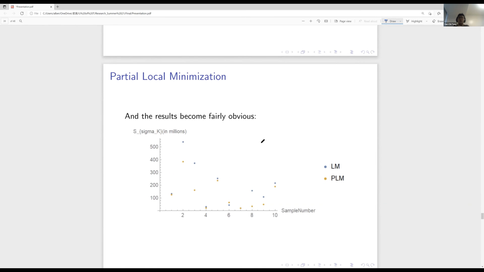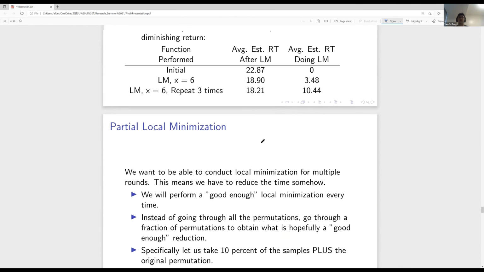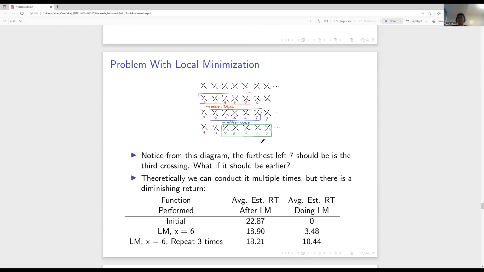Now, the problem with either one of those algorithms is that it takes a long time for me to shuffle everything around. For example, going back to the local minimization, if I just shuffle it once, then for this 7th crossing in question, I cannot get to it until I get to the 3rd chunk of crossings that we're trying to minimize.